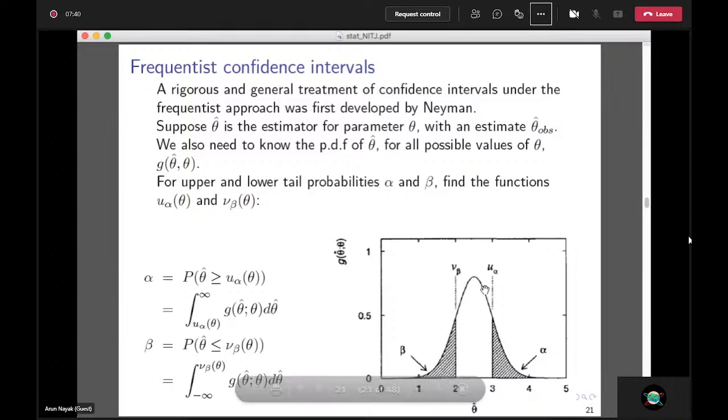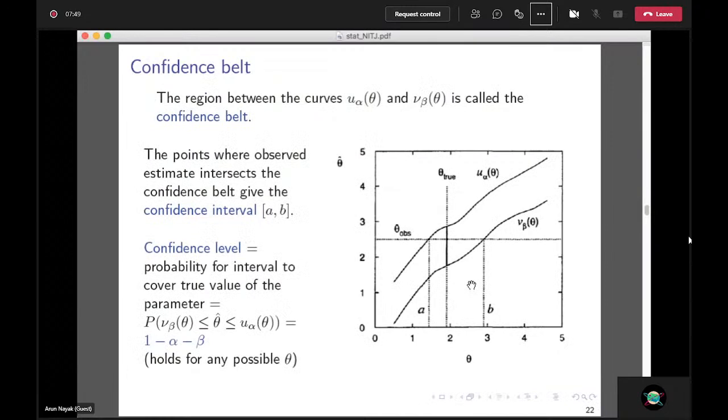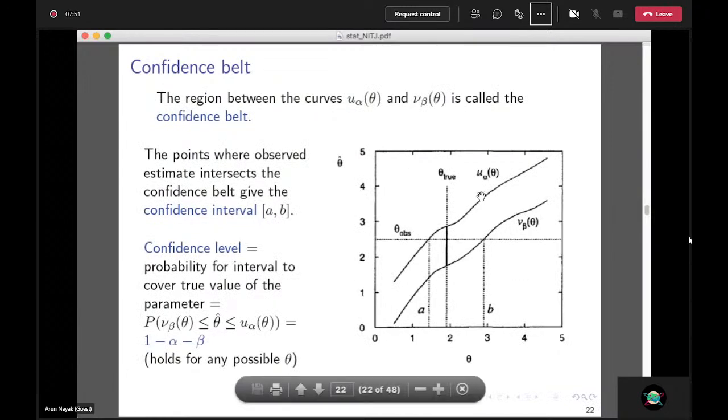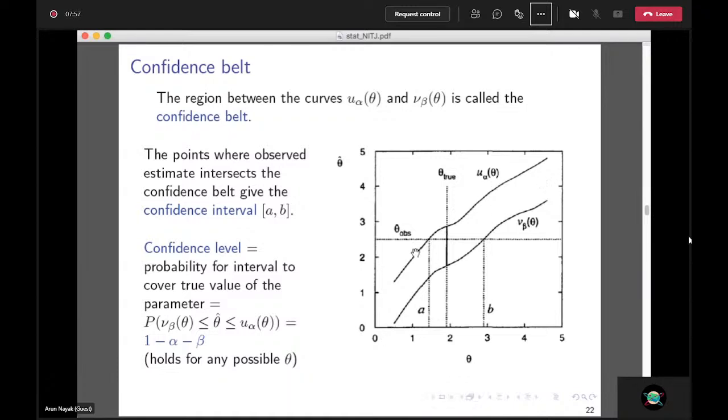When the parameter theta varies, this distribution will also change, and accordingly these values will also change. So in this 2D space, u alpha and u beta, which are functions of theta, will give these two curves. The region between these two curves is called the confidence belt.